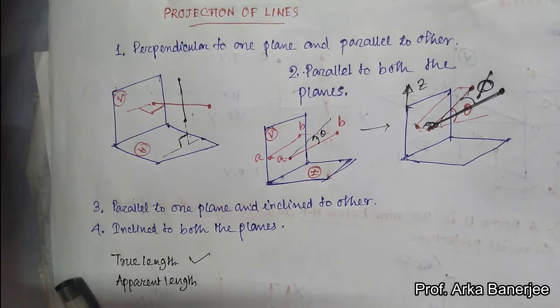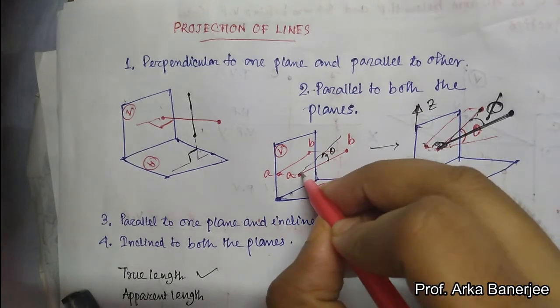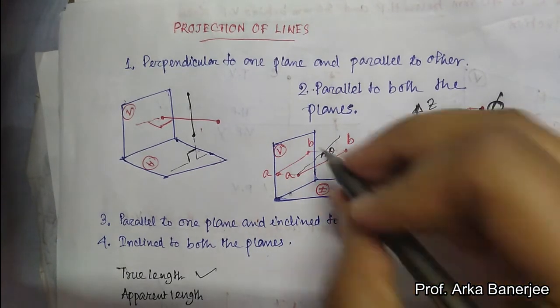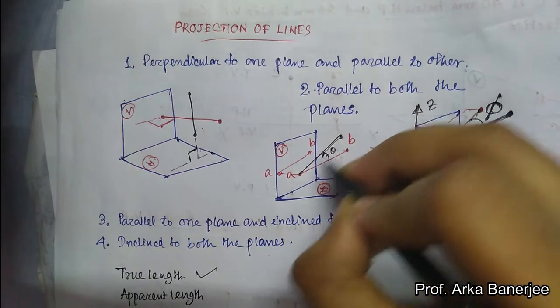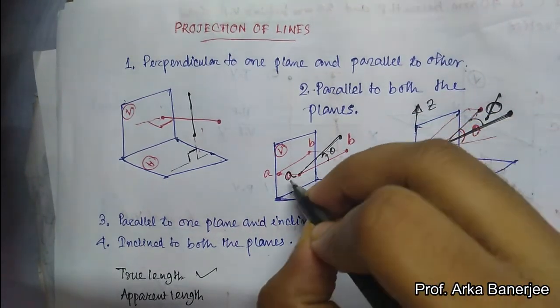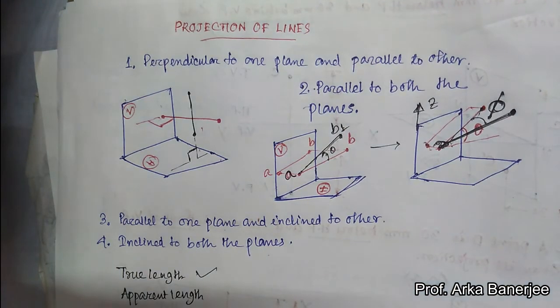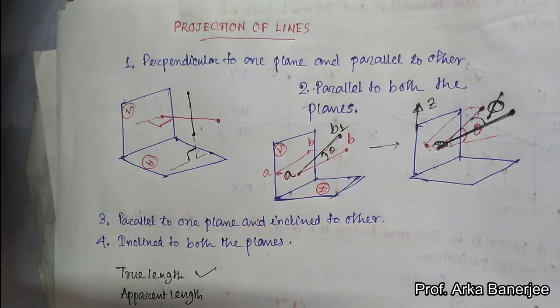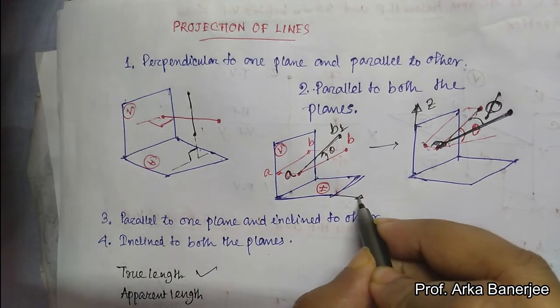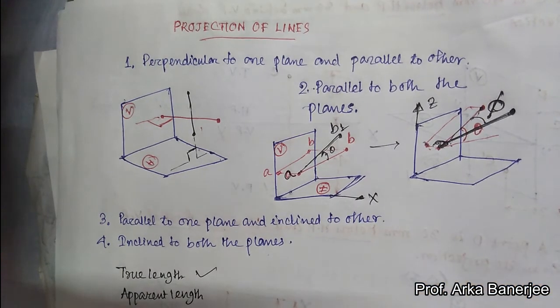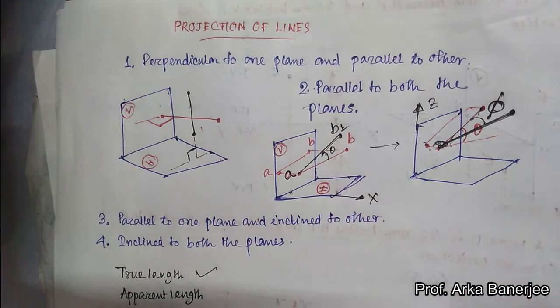Now think about the straight line AB1, which we have rotated by angle theta about this x axis. After rotation, the position is AB1.